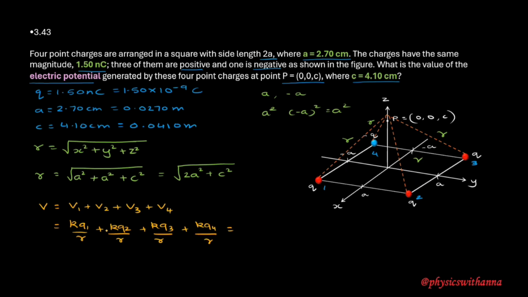That is equal to, now k is common in all the terms here, as well as the distance r is the same. So we write this with r as square root of 2a squared plus c squared.